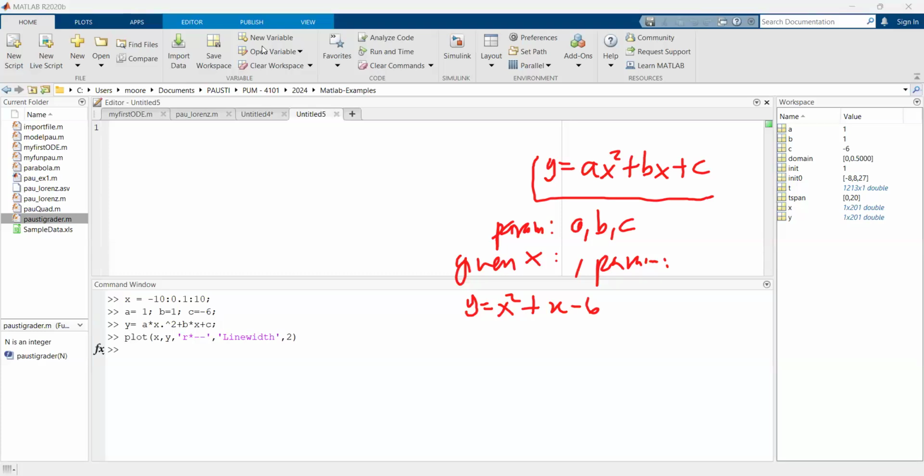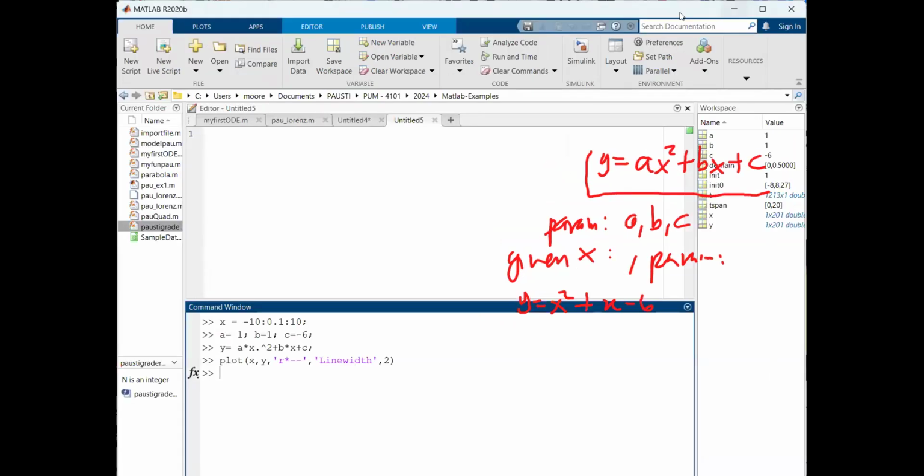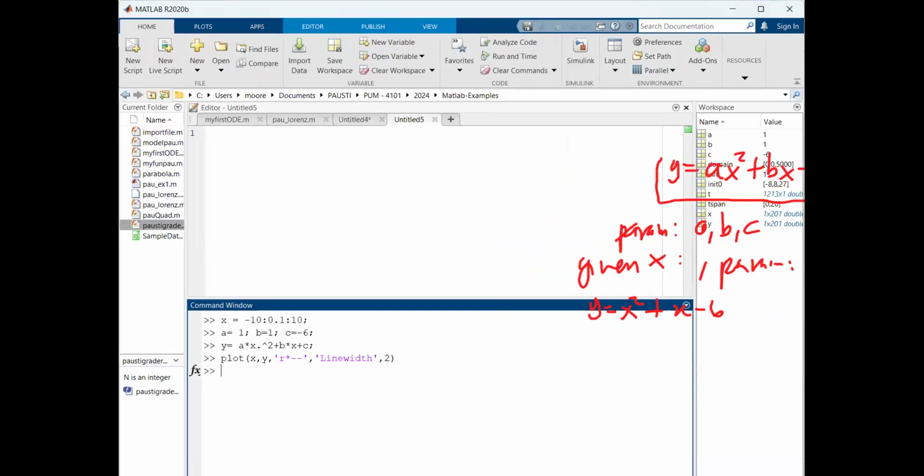This is the plot function. Of course, what you can do with a plot is that you can add, let's say, a title, you can add a legend, you can add many other options that you can add to your plots.